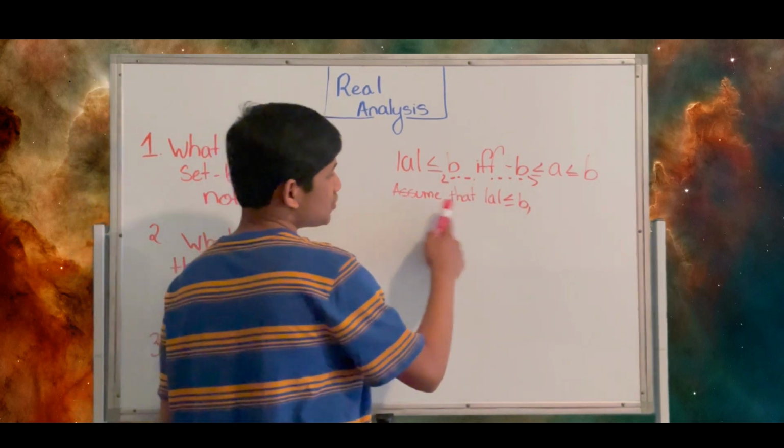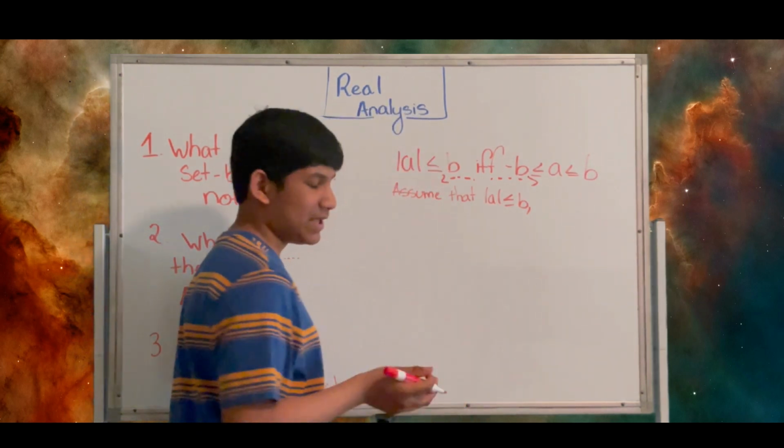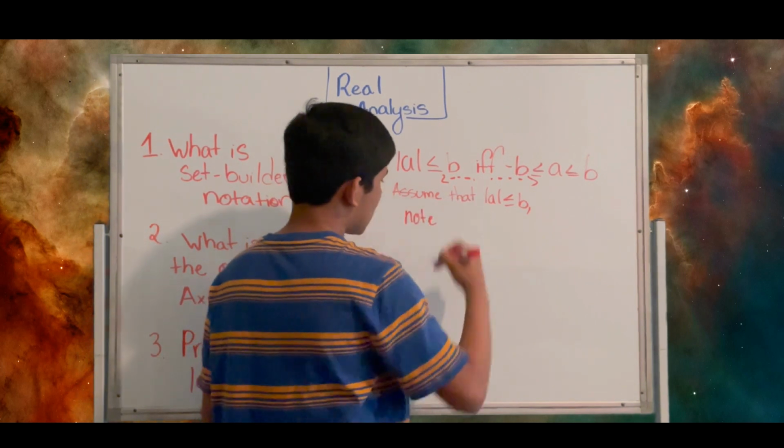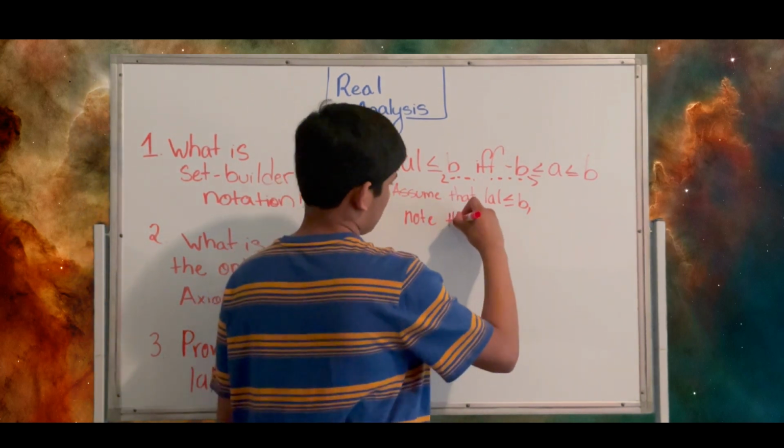Okay, so we're assuming that the absolute value of A is less than or equal to B. Now we're going to be noting a specific proposition.